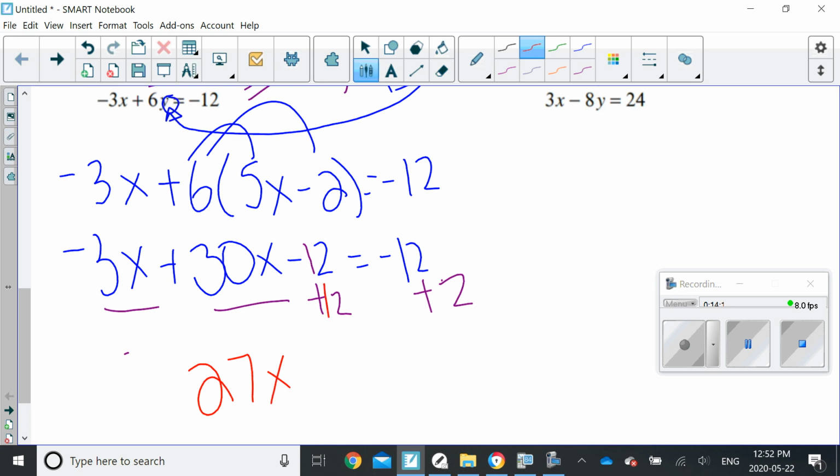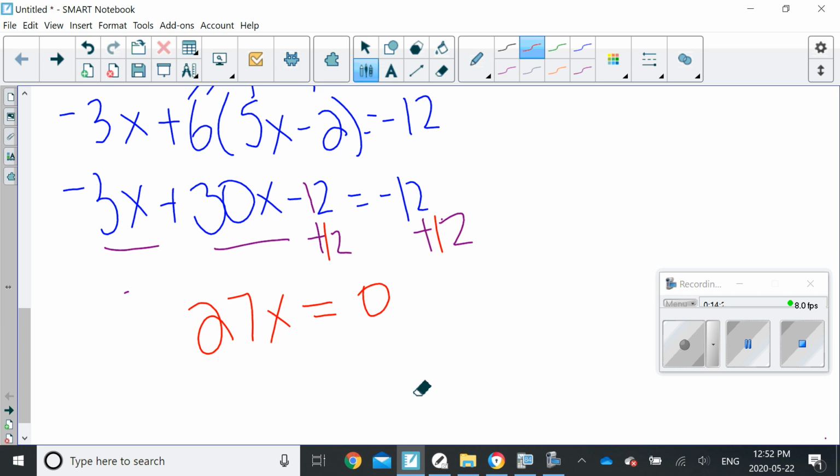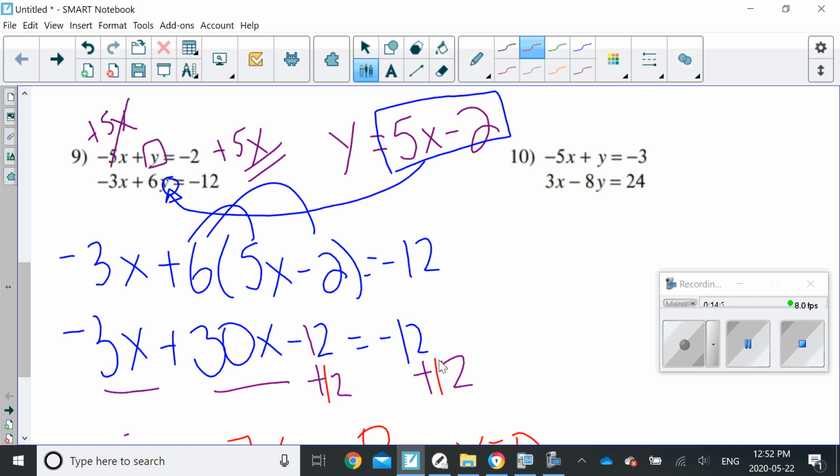Negative 3 plus 30 is 27x. And then now I'm going to add 12 to both sides. So 27x equals negative 12 plus 12, which is 0. And then we've got to get x by itself, so divide both sides by 27. And I'm getting x is equal to 0. So now if x is 0, I have to go back up.